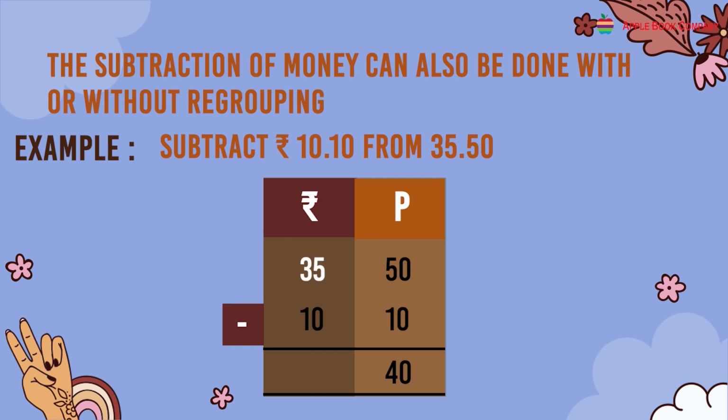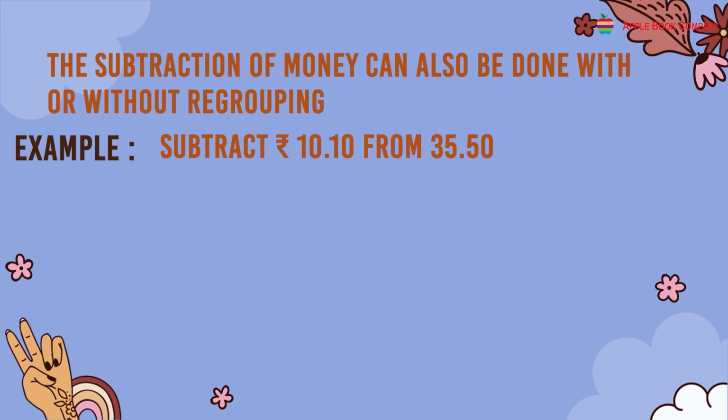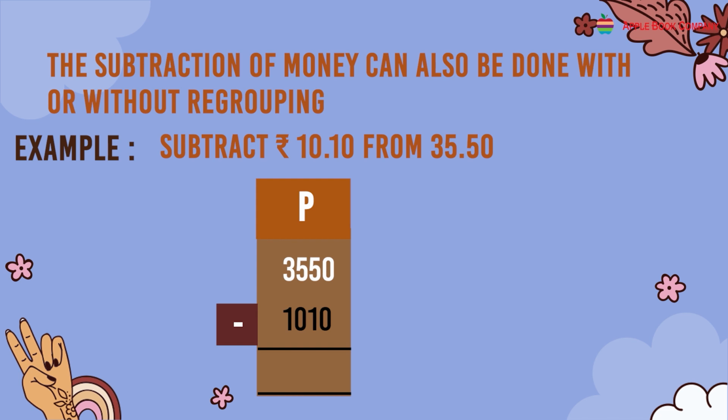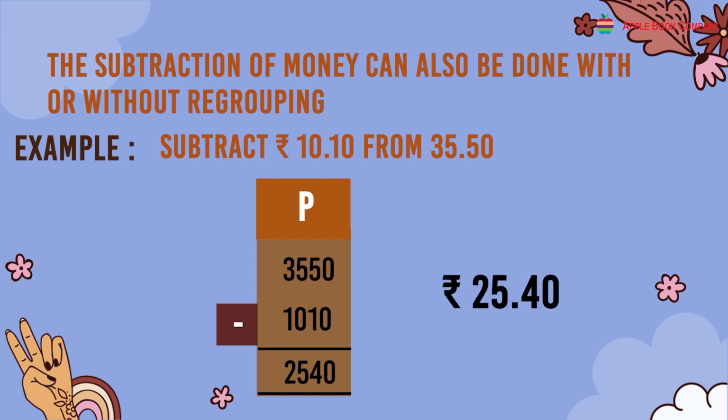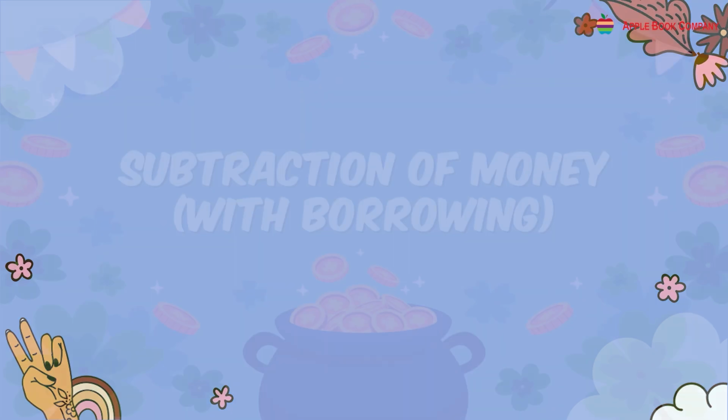Then rupees, 35 minus 10, 25. So the answer is 25.40. Method 2. 3550 minus 1010 is equal to 2540. So the answer is 25 rupees 40 paise.